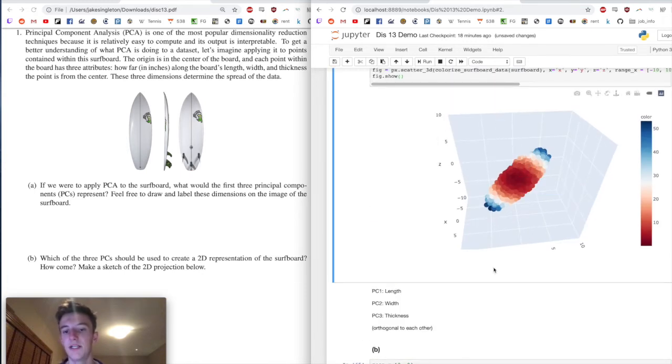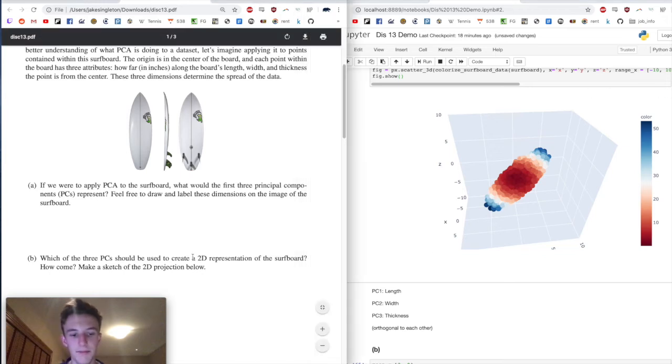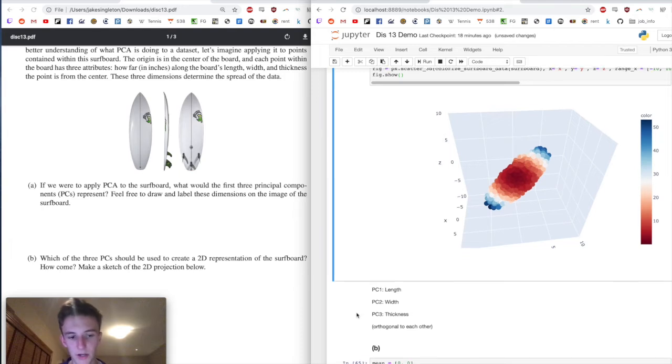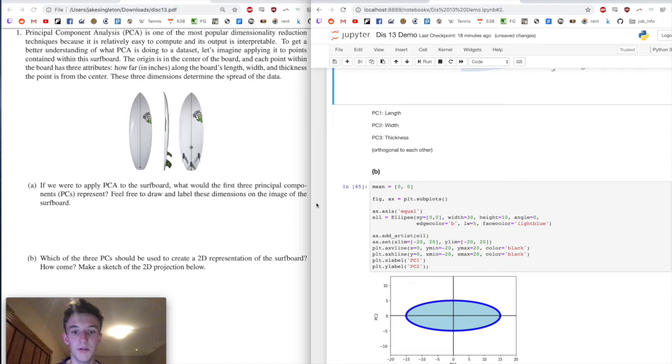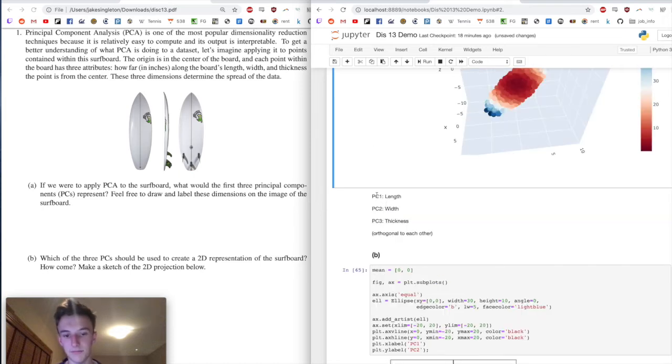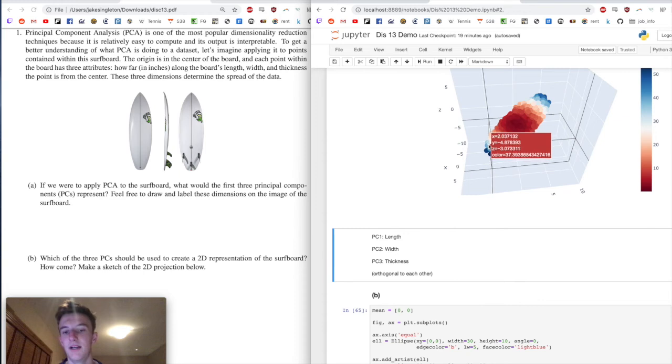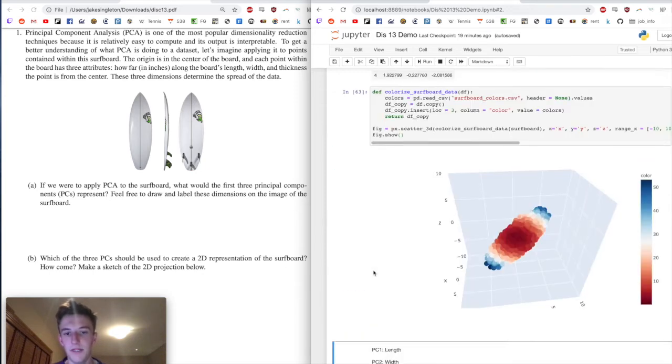We have this 3-dimensional data, and we want, in part B, a 2D representation. And so the first 2 principal components we should choose are exactly what we found to be the first 2 principal components. And that just goes back to the idea of maximizing variance, as we think that will preserve the most information possible. So that's it for parts A and B.